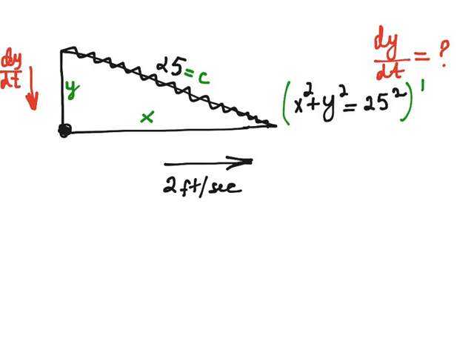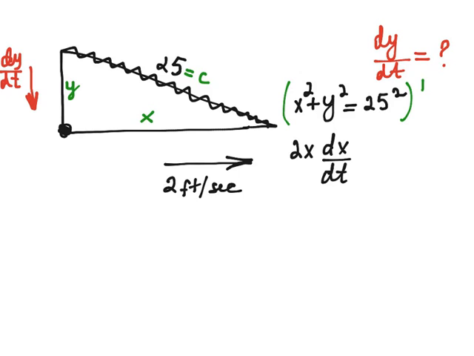Implicit differentiation. So 2x, since x is changing, you have to put dx/dt. The only thing that stays the same here is the constant, the length of your ladder.